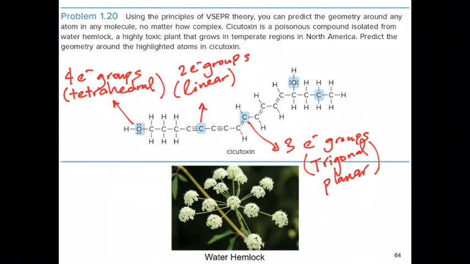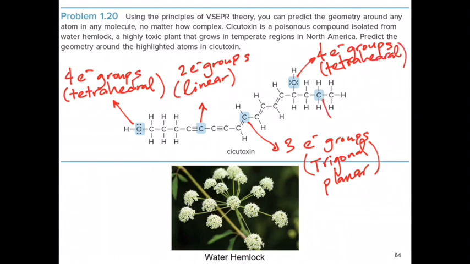All right, and what about this oxygen right here? This oxygen has 4 electron groups. And the reason why is because it has 2 lone pairs and 2 single bonds for a total of 4. So it has a tetrahedral electron geometry.